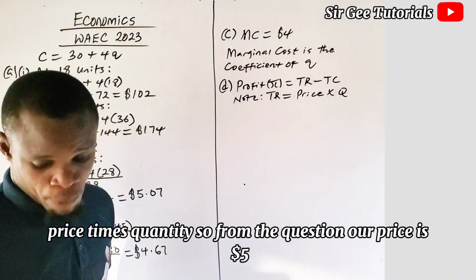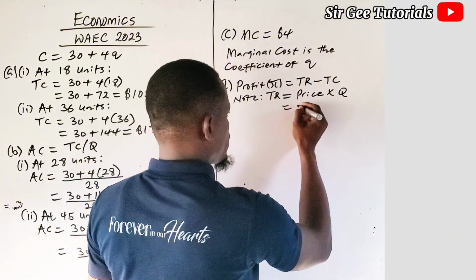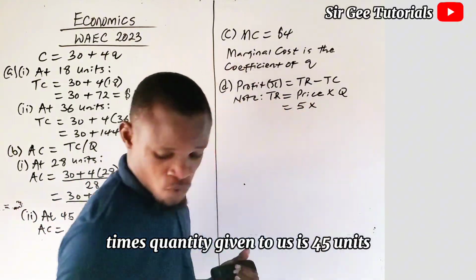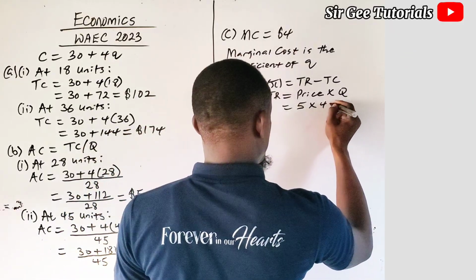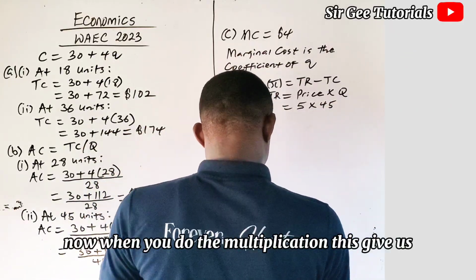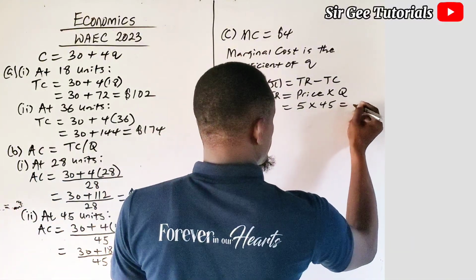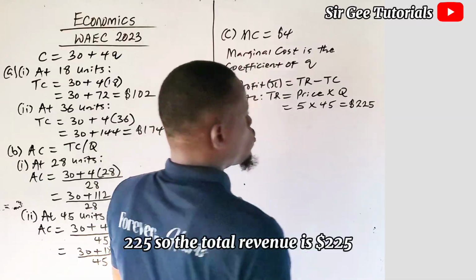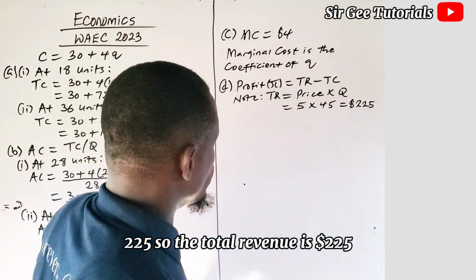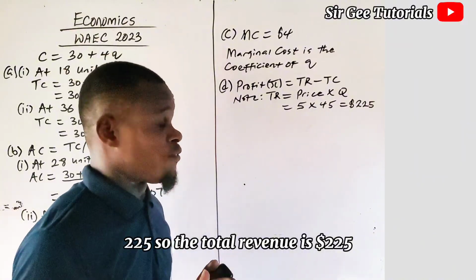So from the question, our price is $5 times quantity given to us is 45 units. Now when you do the multiplication, this will give us $225. So the total revenue is $225.